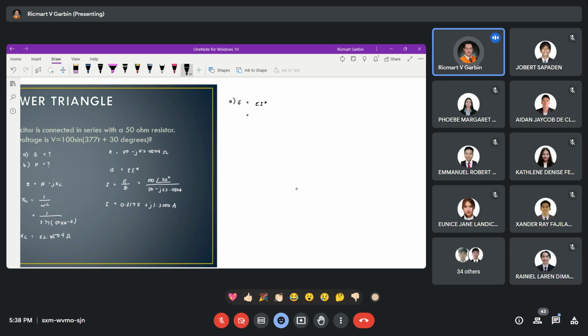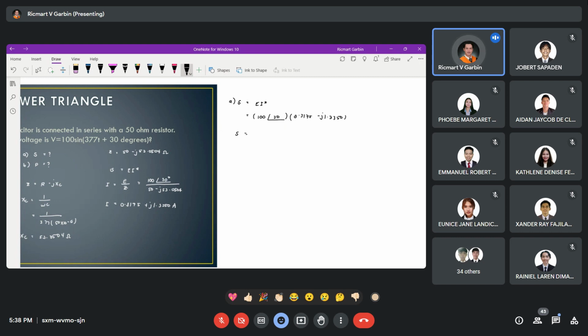So in this case, ano yung I natin? So this is 100 angle 30 multiplied by the conjugate, 0.3175, dahil it was plus, so magiging minus yan, minus J1.3350.